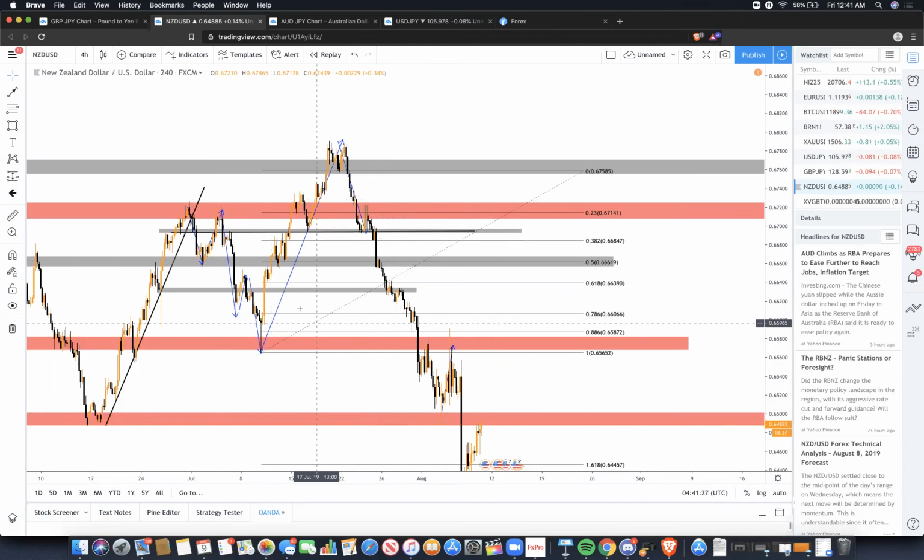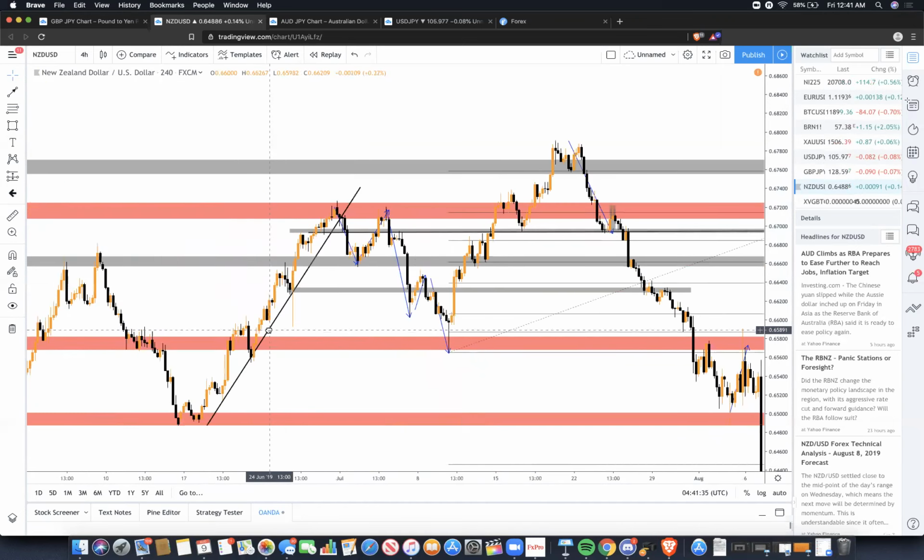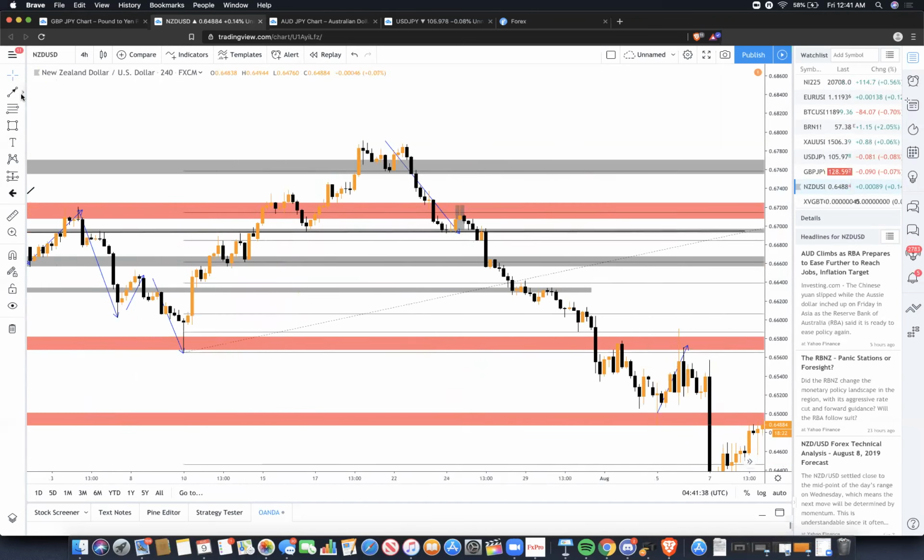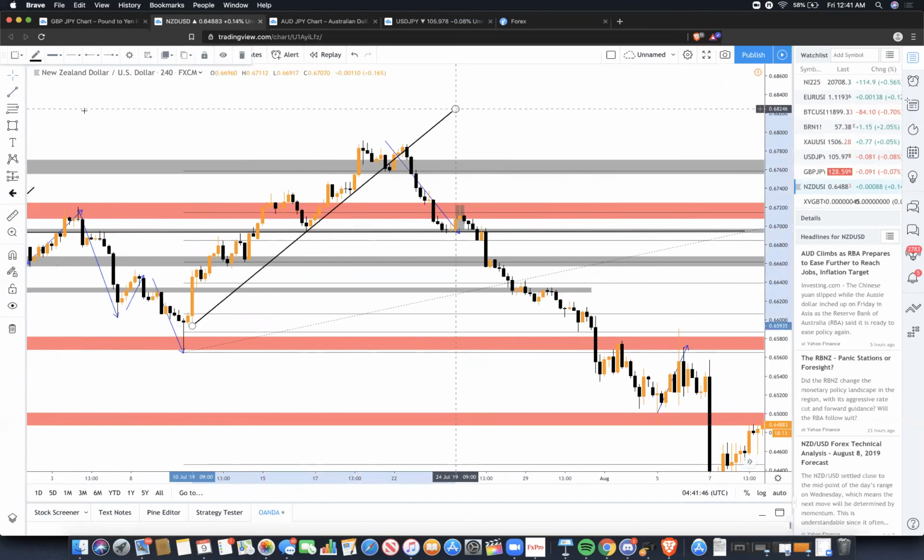So if I'm going off a market structure, the last touch of my trend, let's identify that right here. You see how the market trended from here to here. Look at the last price it touched.